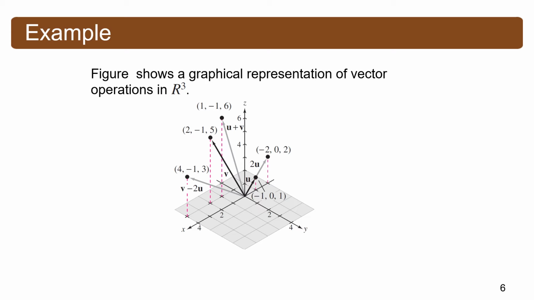So u bar and 2u bar, it is just an enlargement of u. It is increased. And again, if I have a vector v bar, 2, negative 1, 5, then I can find u plus v, which is the diagonal vector. I can also find u minus v, which is the vector 4, negative 1, 3.